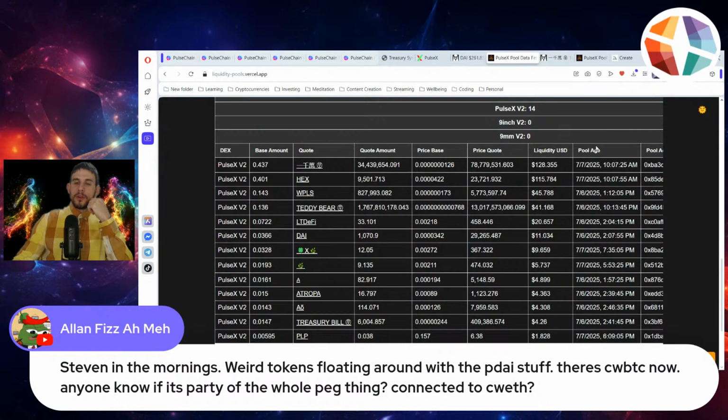So weird tokens floating around with the PDAI stuff. There's CWBTC now. Anyone know if it's part of the whole peg thing connected to CWETH? So C, I would imagine, I haven't looked into it, but I would just imagine that CWBTC and CWETH are the compound forked versions of WETH and wrapped Bitcoin, and then they're the Pulse Chain versions.